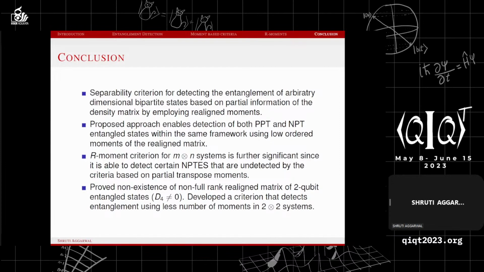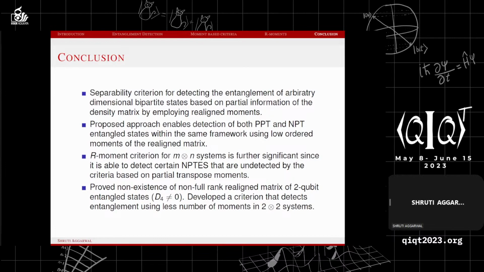And we have proved in the paper that a non full rank realignment matrix in a 2 qubit entangled state does not exist.